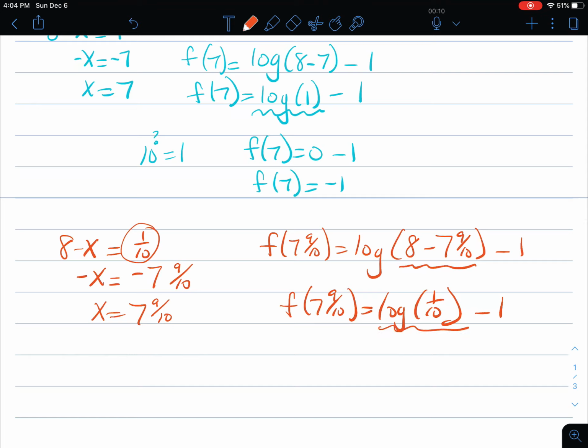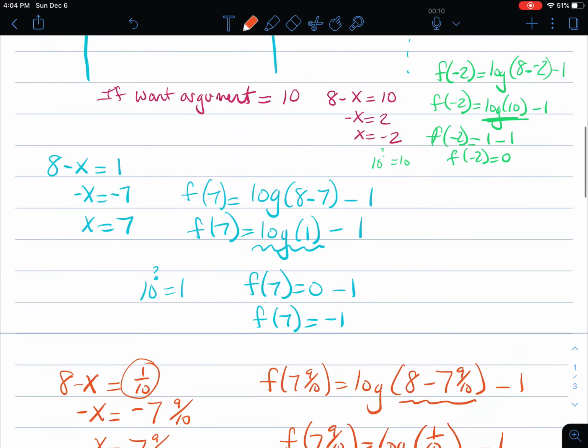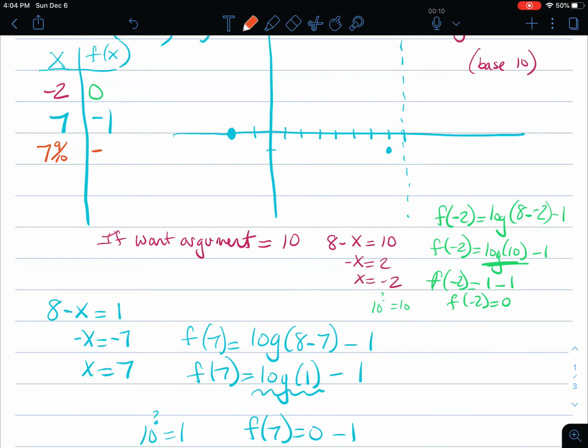This means 10 to what power is 1/10? Well, that's negative 1. So f of 7 and 9/10 equals negative 1 minus 1, which is negative 2. So we have something very close, and we're all the way down here at negative 2, and now we can draw that graph in.